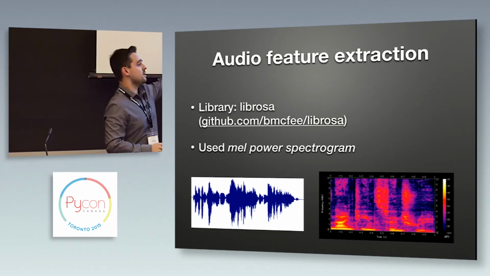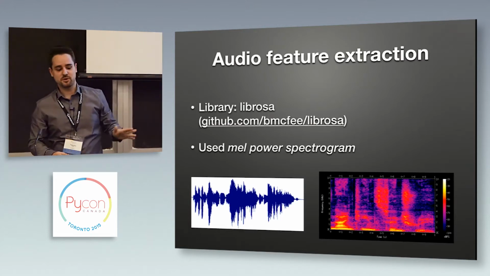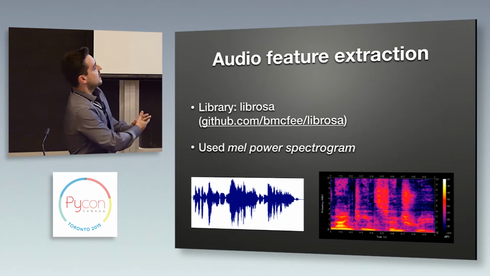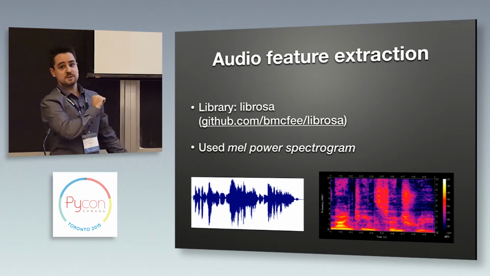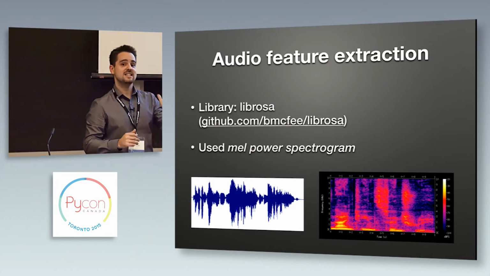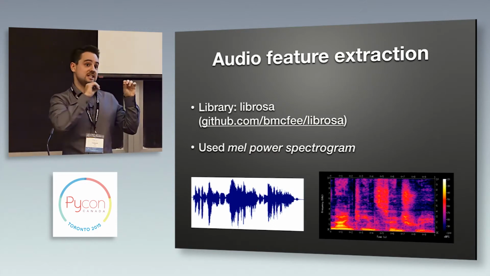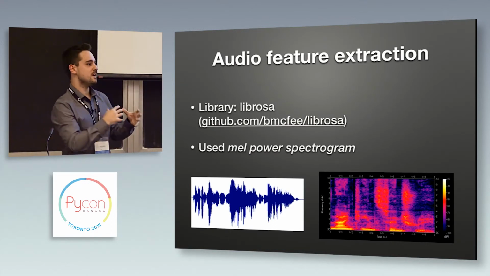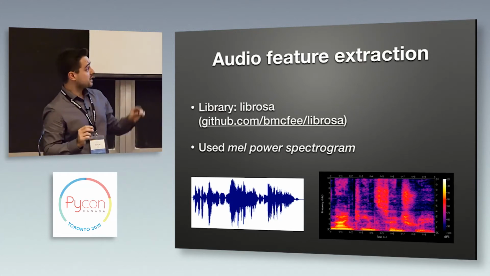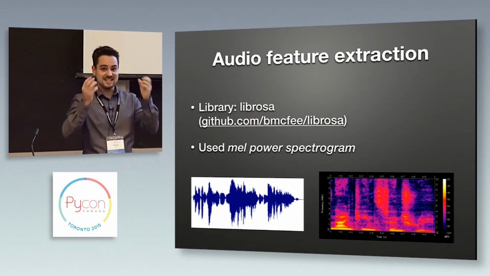So here at the bottom is a waveform. Probably you've all seen this before. We're not going to use this directly. We're going to make a transformation on that. And on the other side, it's a spectrogram. Basically, the x-axis is time, the y-axis is frequencies, and it's a heat map. The color tells you the amount of energy present at that frequency-time pair. And the great thing about that is you can actually see the patterns.